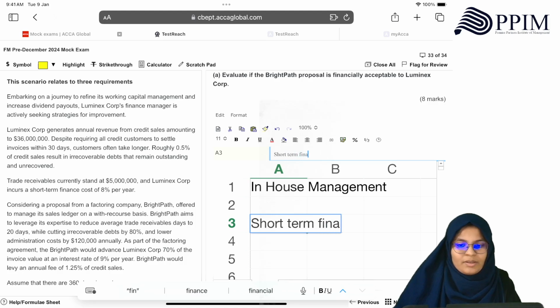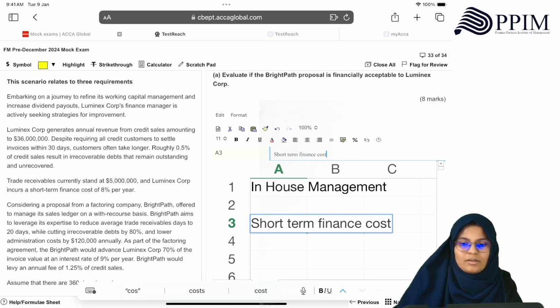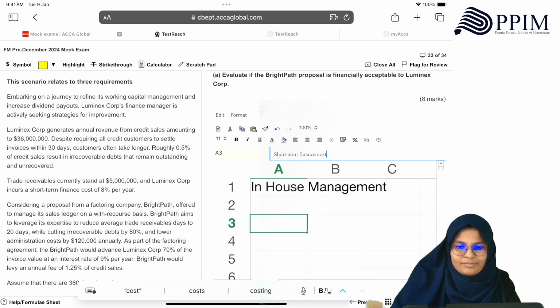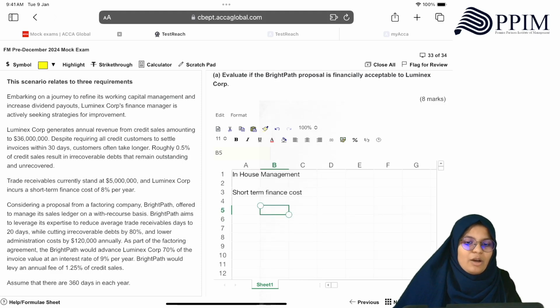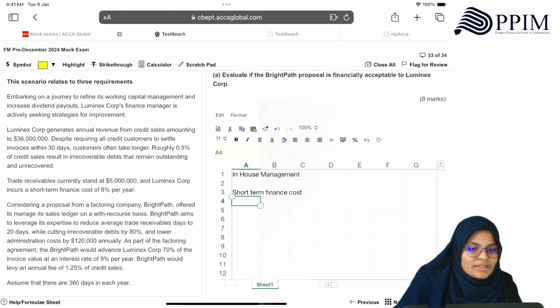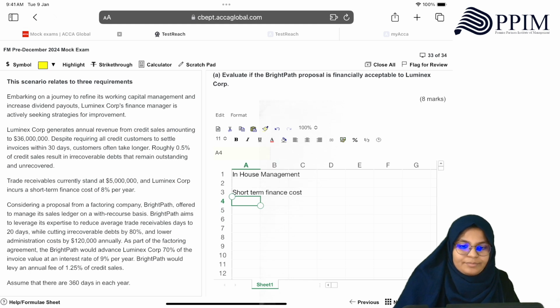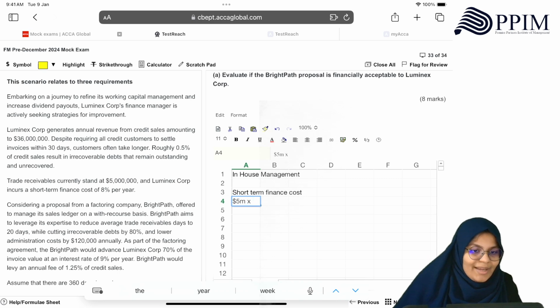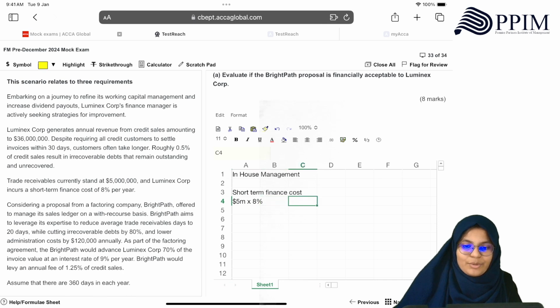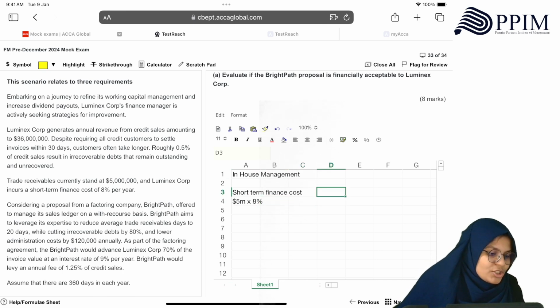How much is this short-term finance cost? That is 5 million into 8%, a short-term finance cost of 8%, so I will have to incur 5 million into 8%. So that is how much? 400,000.